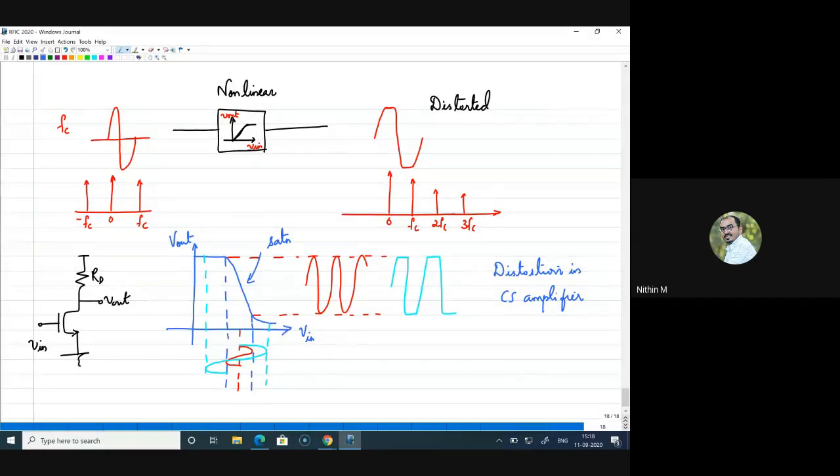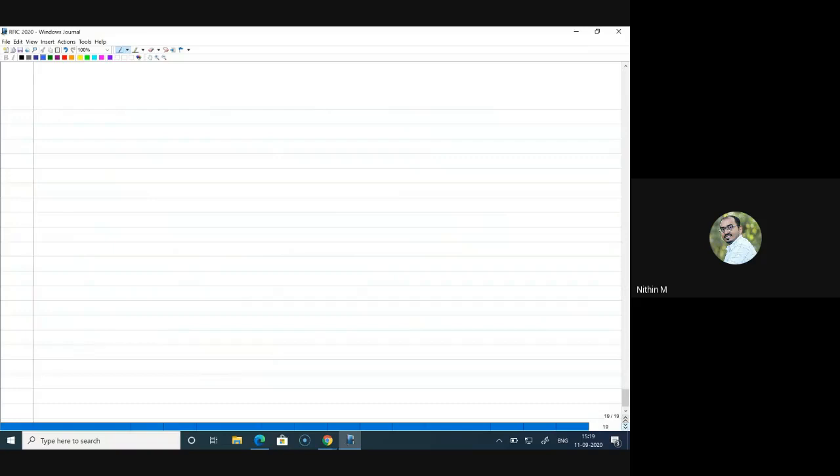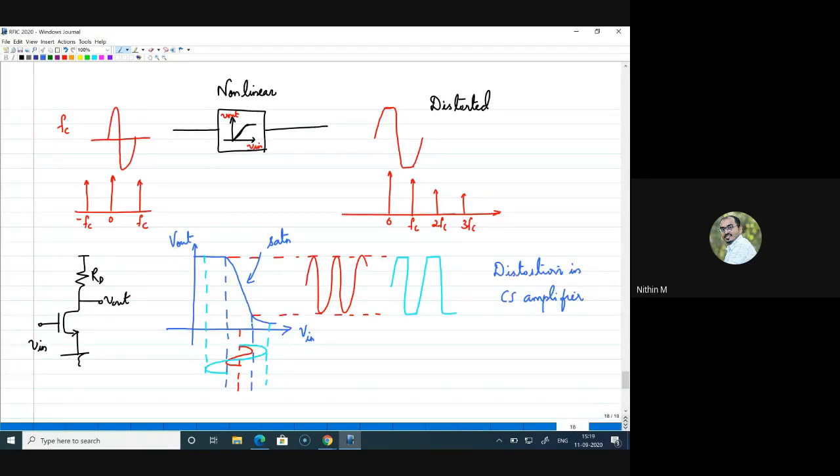Now, as an RF engineer, or as a circuit designer in general, when we design a system, we should know what can be the limits of the input signal I can give to a system. And in certain cases, if I'm applying a larger input signal, we should know what will happen, or to what extent I can work with a larger value of input signal.